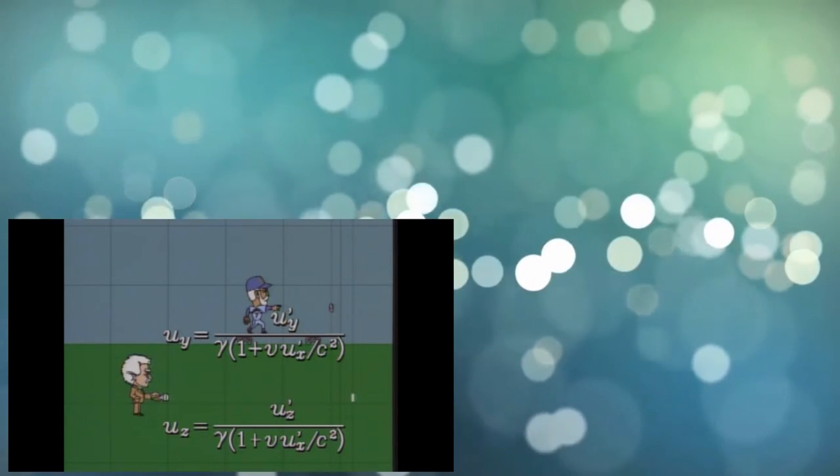Even along the direction of relative motion, components of velocity never add to a speed greater than the speed of light. And the velocity transformation does affect components perpendicular to the motion, because although distances remain the same, time changes from one frame to the other.